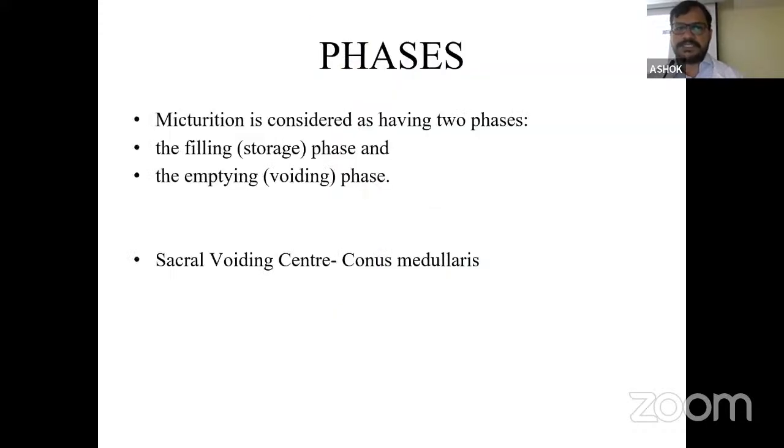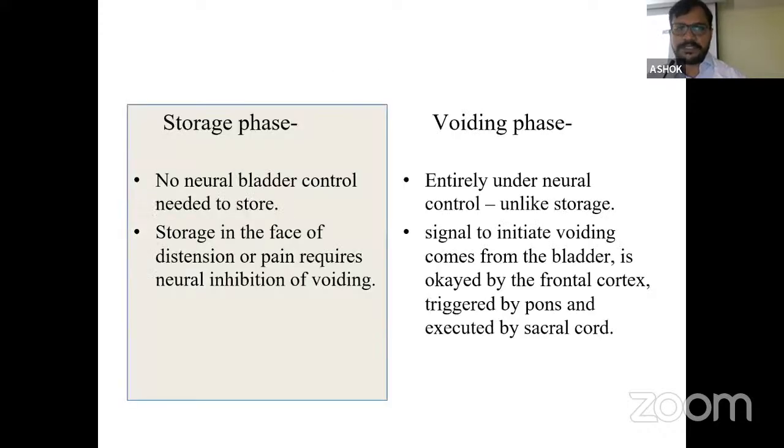Phases: micturition is considered as having two phases, the filling storage phase and the emptying voiding phase, and a sacral voiding reflex through the conus medullaris. Storage phase: in the storage phase, no neural bladder control is needed for storage. Storage in the phase of distension or pain requires neural inhibition of voiding. The voiding phase is entirely under neural control.